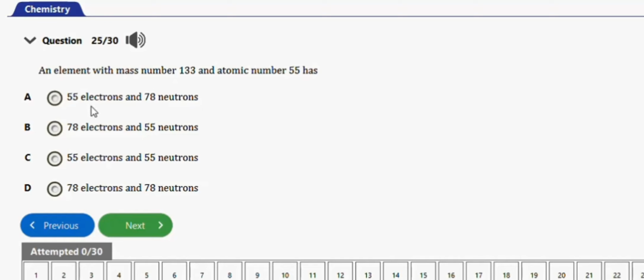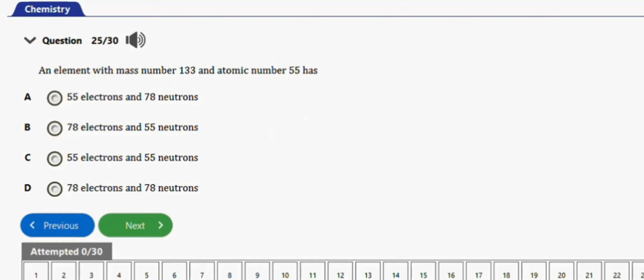And the number of neutrons, when you subtract 55 from 133, you're going to have 55 electrons and 78 neutrons. Okay, 55 electrons and 78 neutrons will be the answer to this question, because 133 minus 55 is 78. Okay, so that's it for this question.